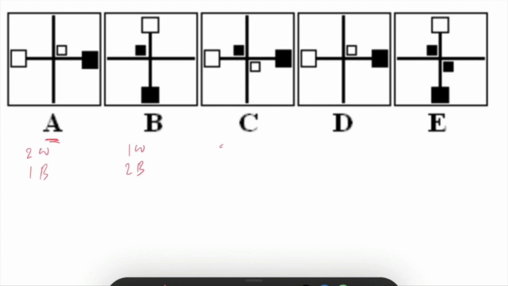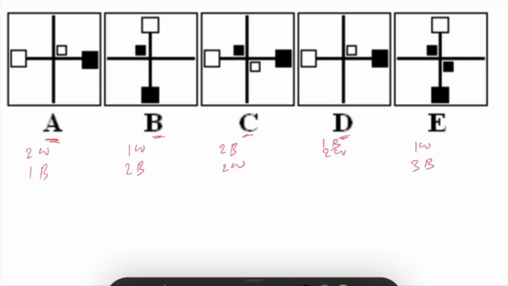C, 2 black, 2 white. D, 2 white, 1 black. E, 1 white, 3 black.